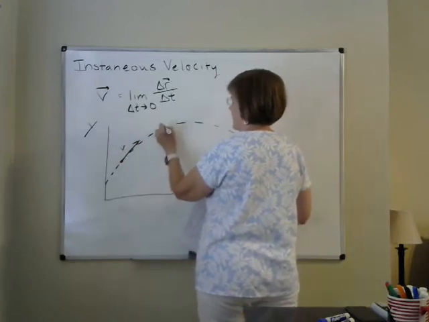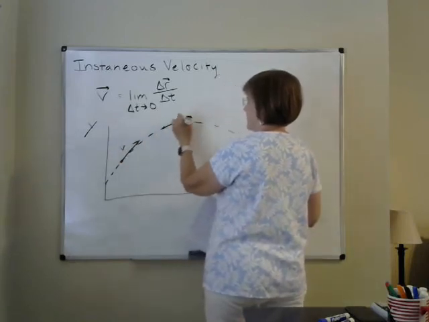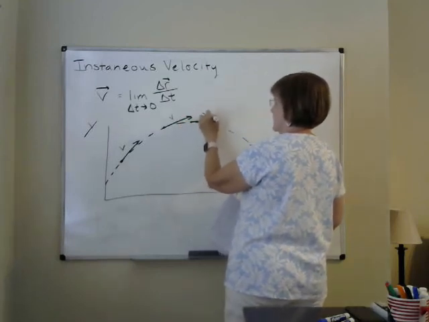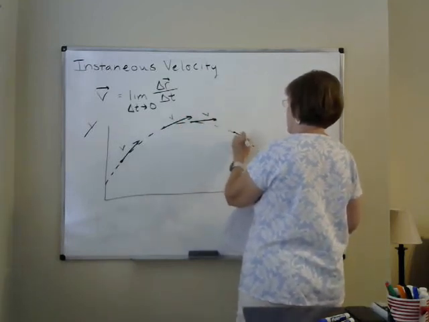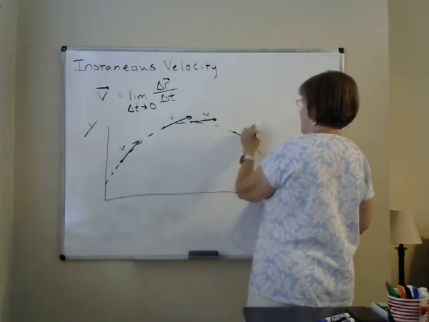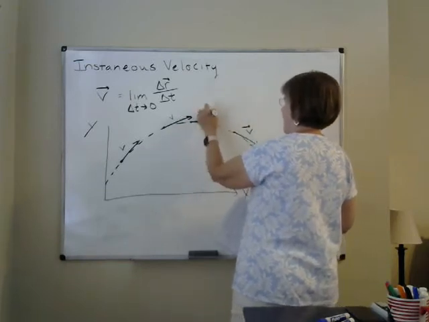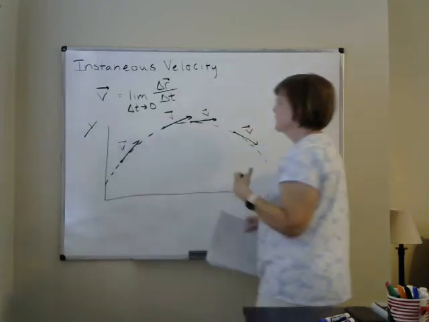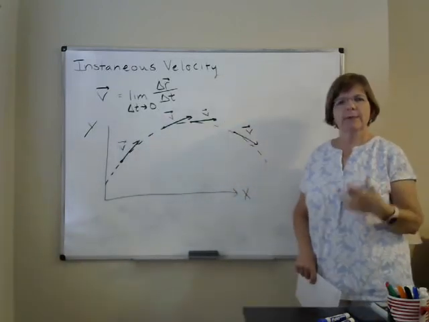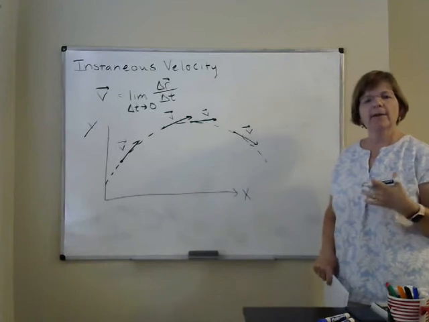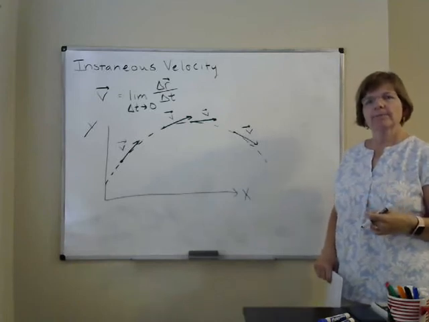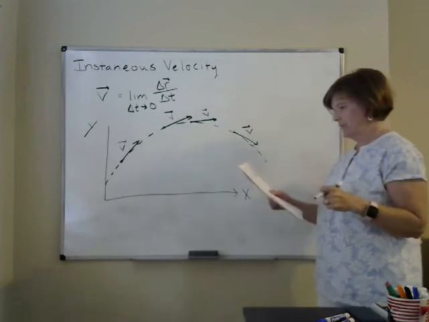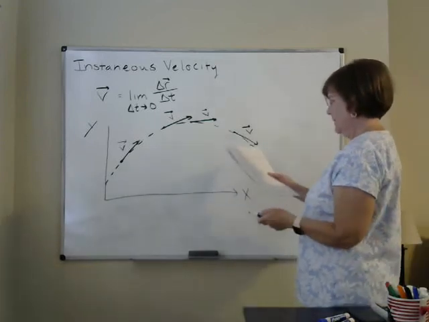At this point, it's going in this direction. Right at the top, it's going horizontally. The velocity vectors are always going to be tangent to the path of the object. The instantaneous velocity is always tangent to the path.